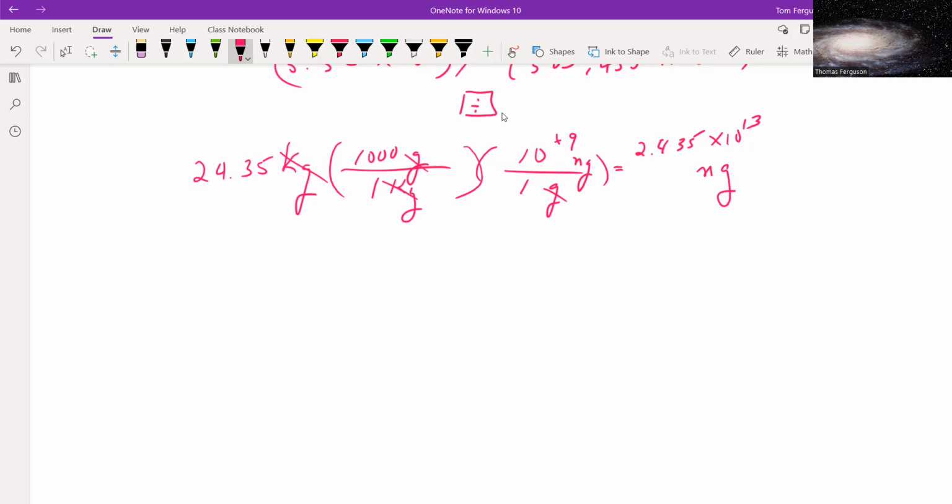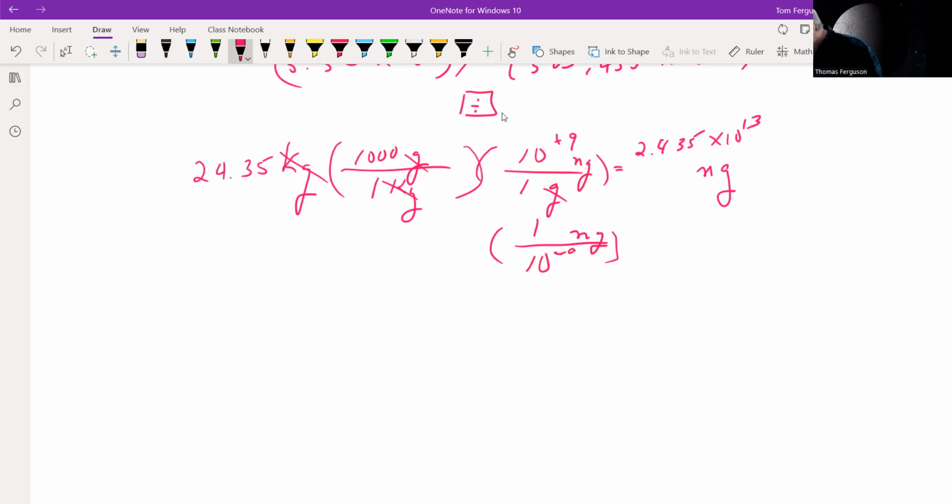Yeah, so there are 2 of these conversions you could use. The other conversion factor, which she used, is instead of 10 to the plus 9 nanograms, she used 1 nanogram over 10 to the minus ninth grams. And you get the same exact answer.